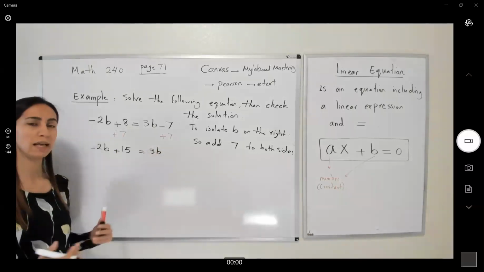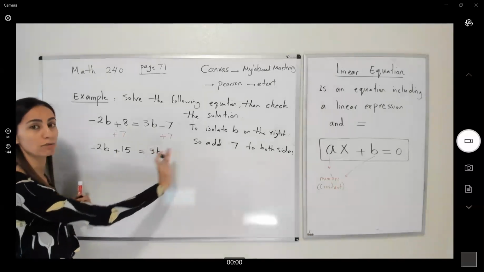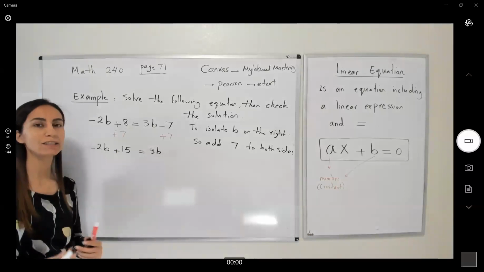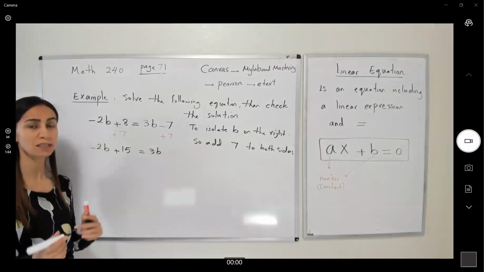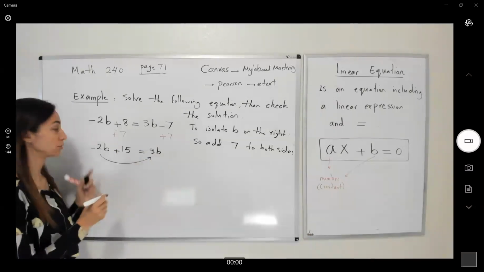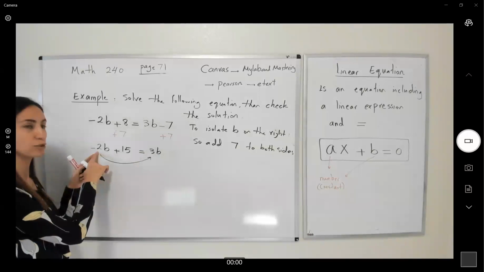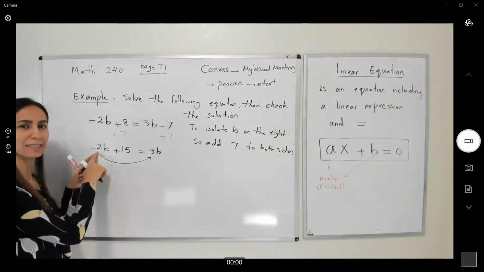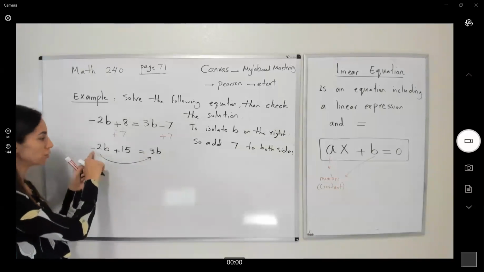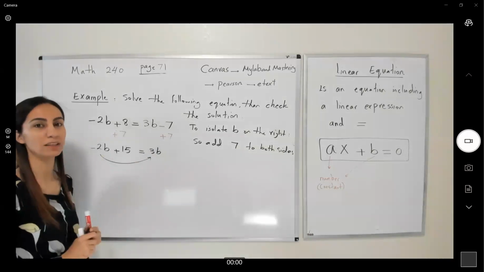Now you say, very well, I have one variable on the right-hand side, I have another variable on the left-hand side. What's next? Somehow, you have to move this 2b next to 3b. Negative 2b, by adding positive 2b to both sides, you can move this to the other side of the equation.